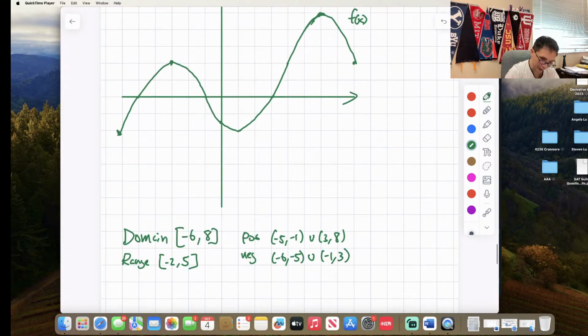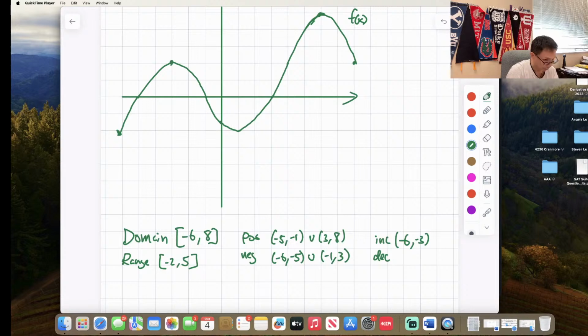Okay, so when it's increasing and when it's decreasing, I'm going to ask increasing, decreasing. I'm going to ask Sydney. -6 to -3. One more increasing. And then 0 to... No, 0 is still decreasing.